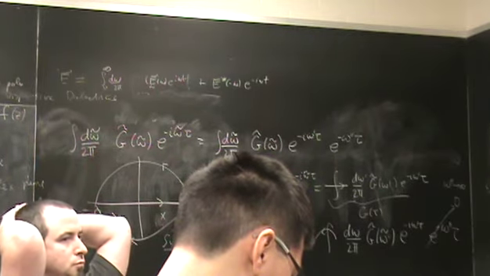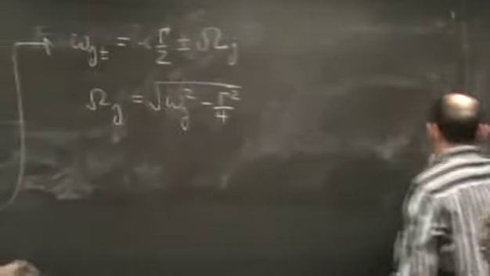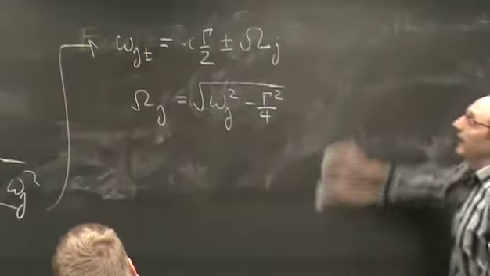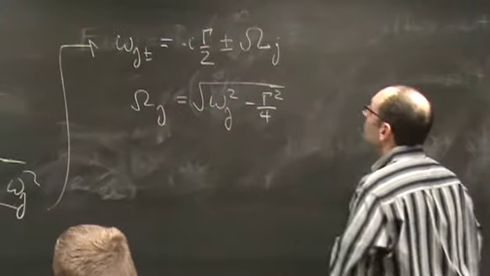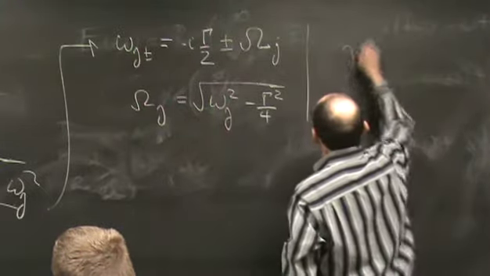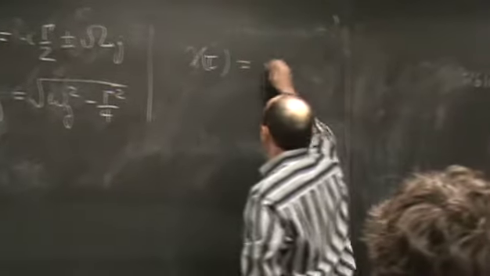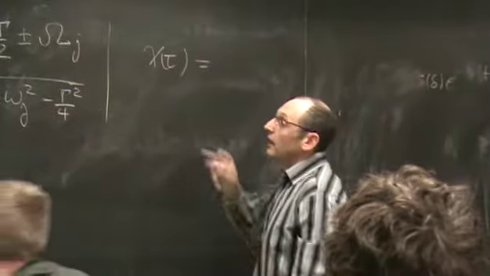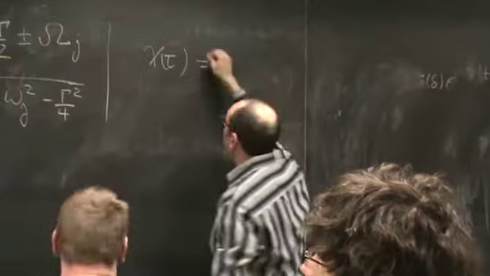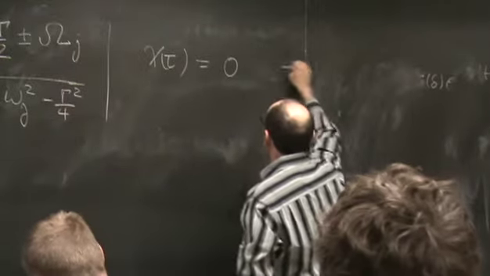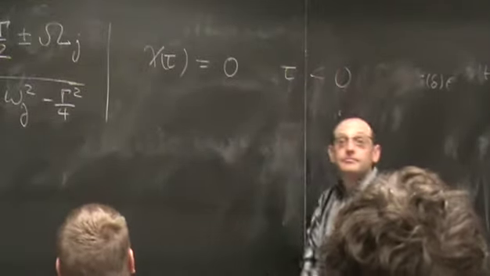Let's calculate, and we'll do this as our last thing, and then we'll continue to derive the Kramers-Kronig relations next time. What is the real response function, chi, as a function of tau? Well, according to the formula that we have, this is 0 if tau is negative.